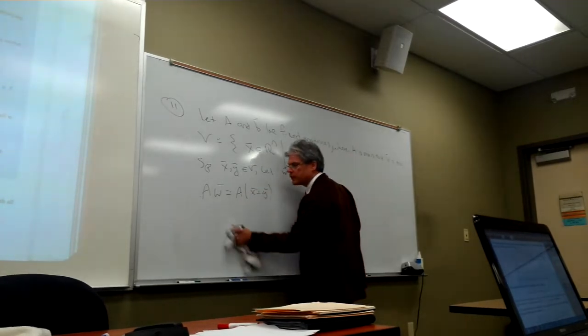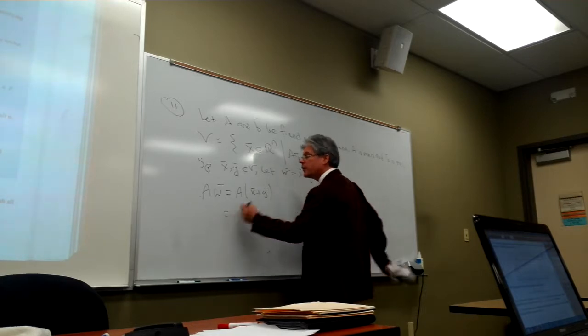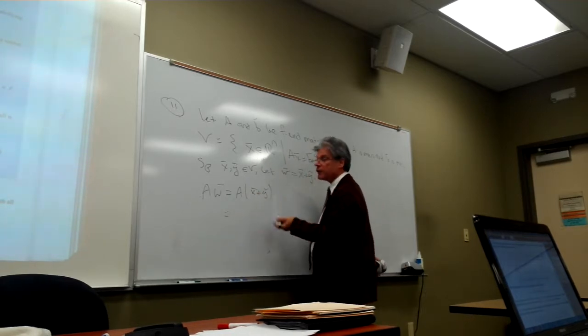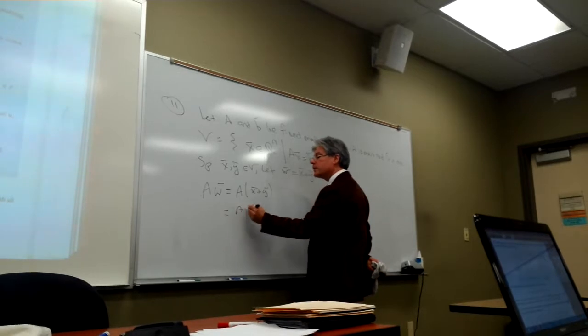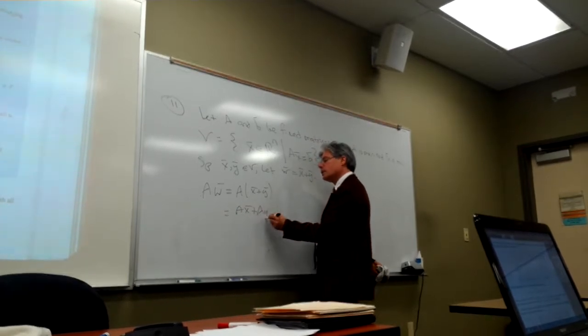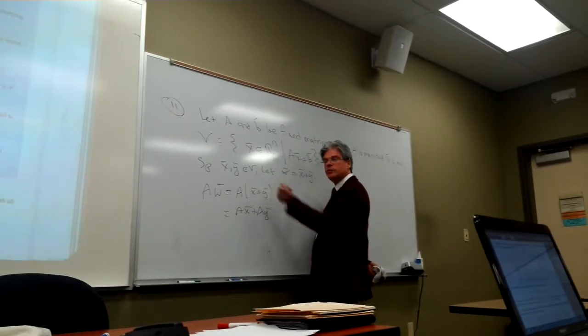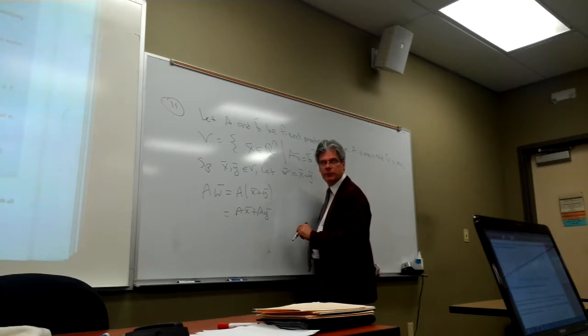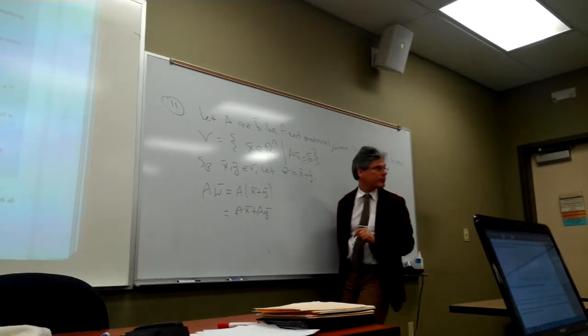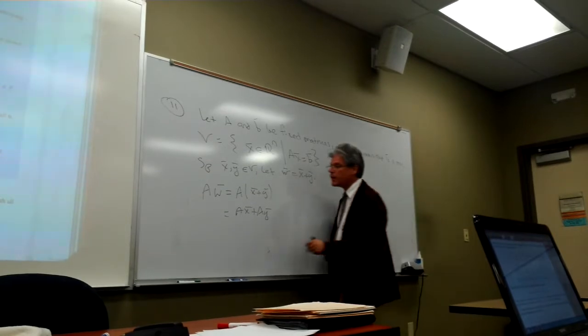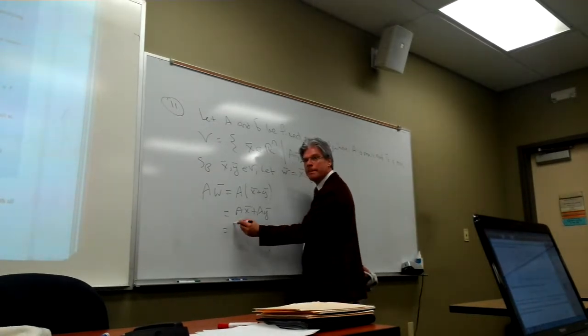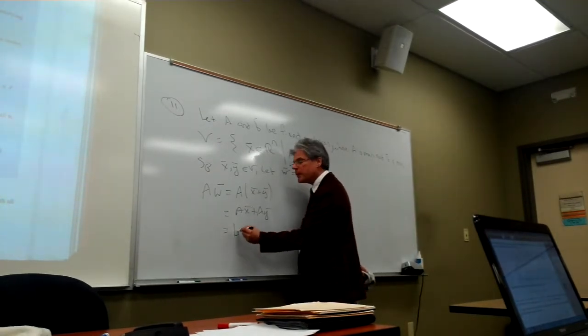Shoot, multiplication of matrices. We've already done this. We do have distribution for multiplication of matrices over matrix addition. I think I get this. Does X bar claim membership to V? Yes, it does. So what's another name for A X bar? B bar.